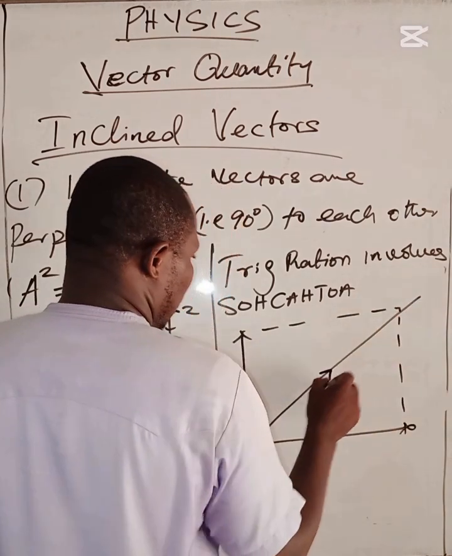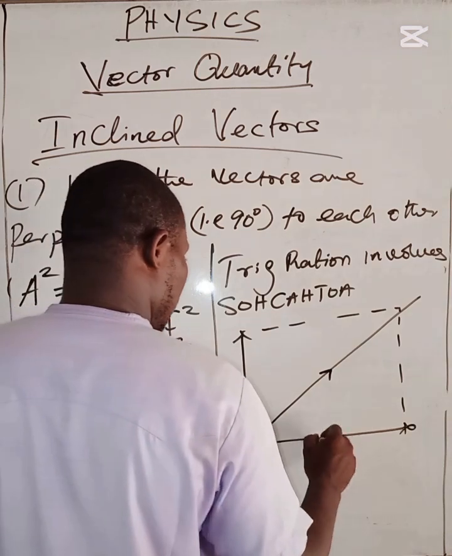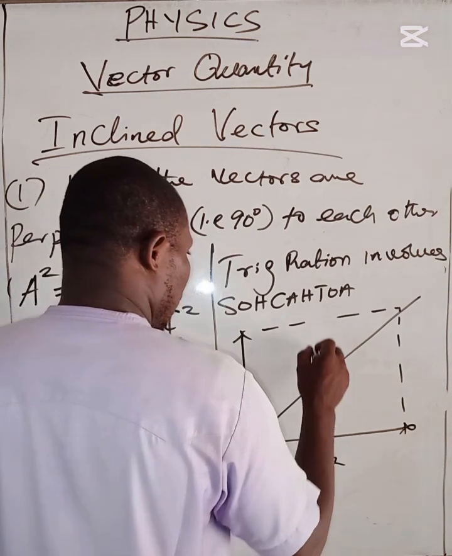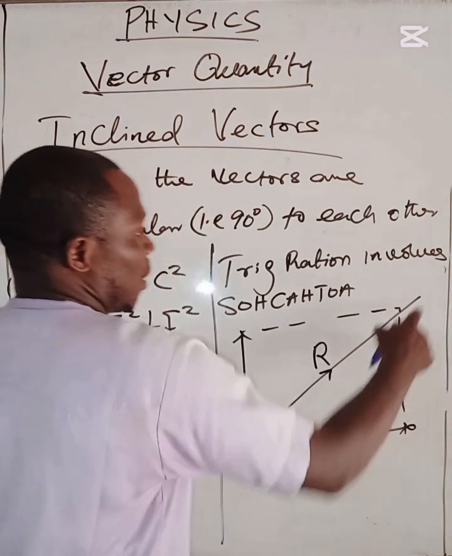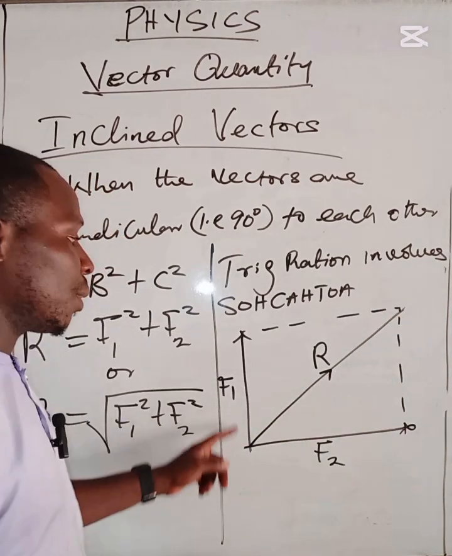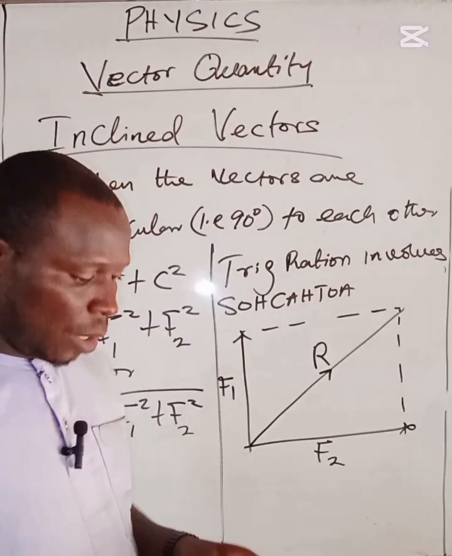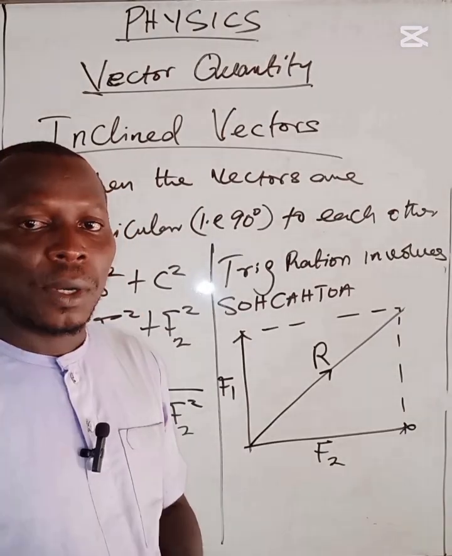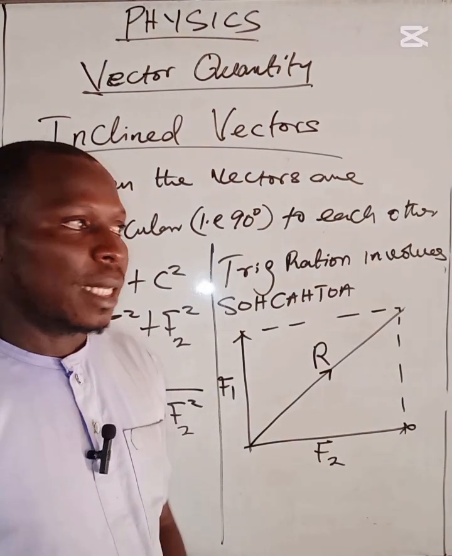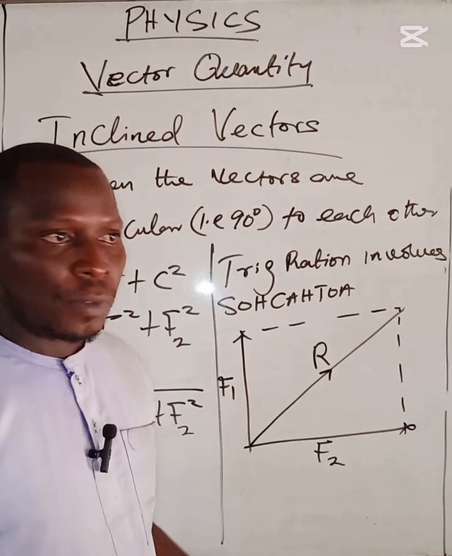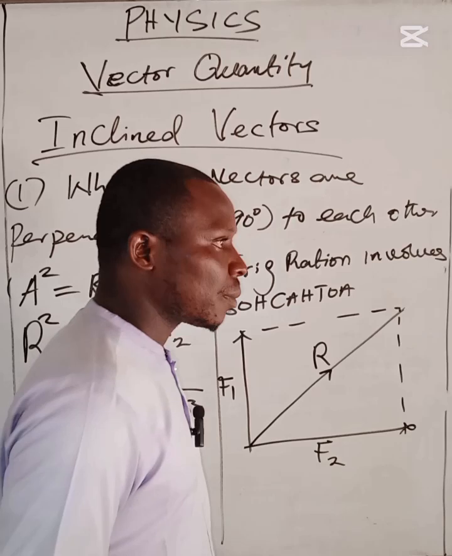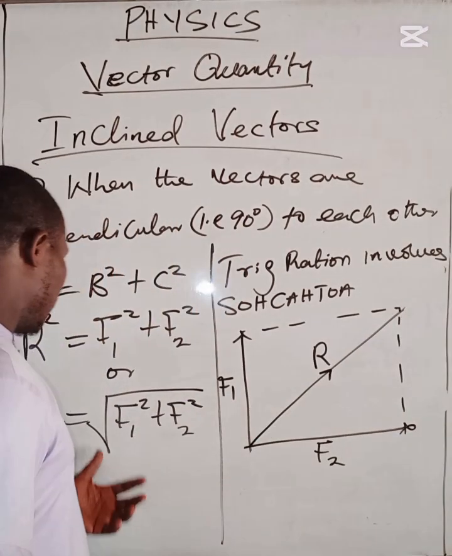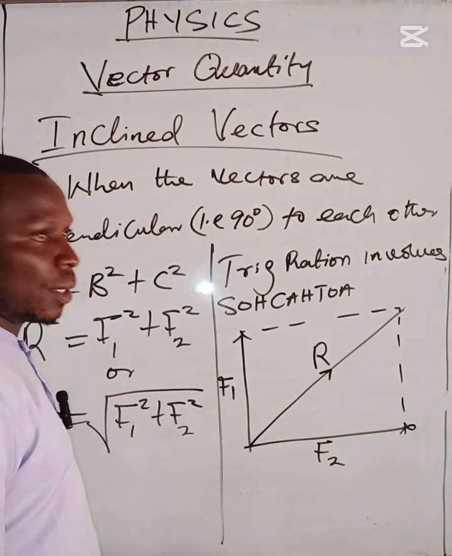If we call this one F1, this one becomes F2. The resultant is this, okay? And it's coming from their common point of intersection. This is following a law which we call the parallelogram law of vector addition. We are still going to state that law as we continue. So to find the resultant, you use this formula.